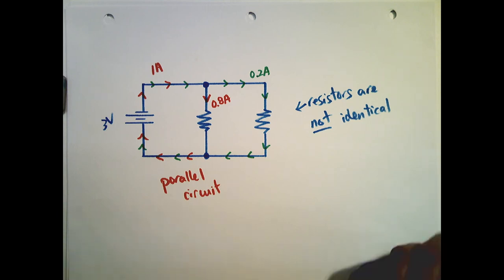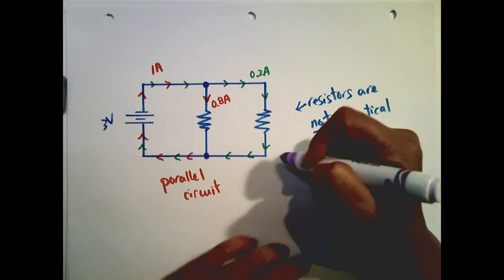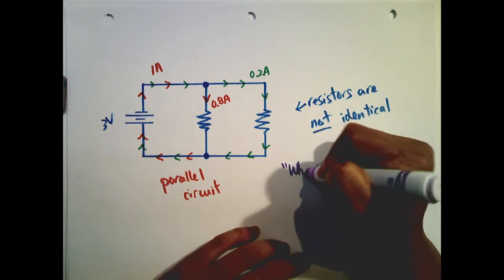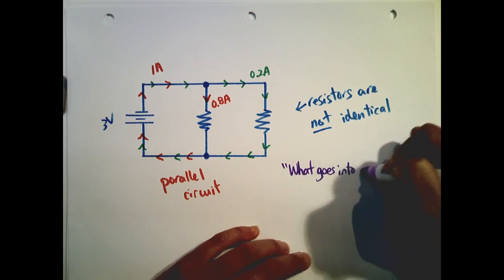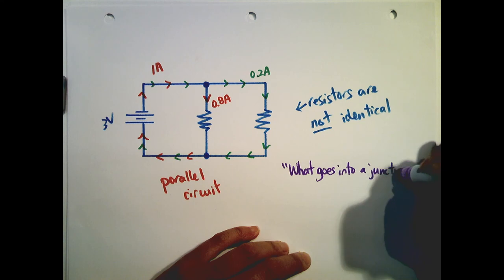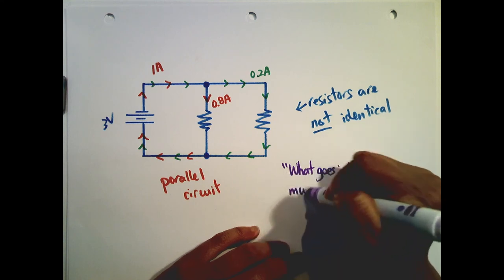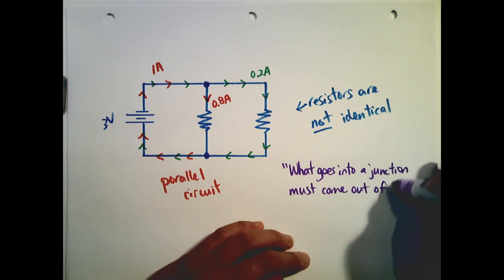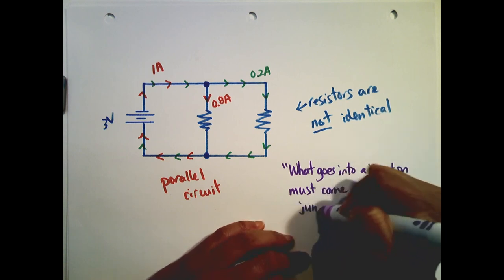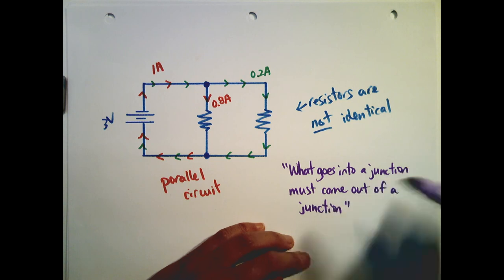Another way of thinking about Kirchhoff's current law is what goes into a junction must come out of a junction. That's another way of looking at it.